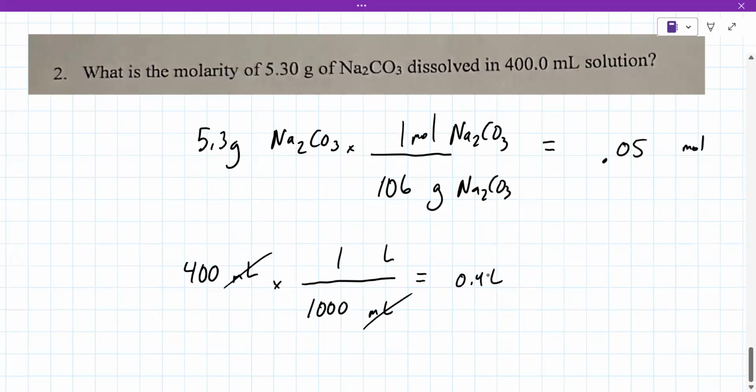And then to find the molarity, you take 0.05 and divide it by 0.4 moles per liter. Go ahead and let me know what that becomes, please. That calculates to 0.125. Yes, 0.125 big M.